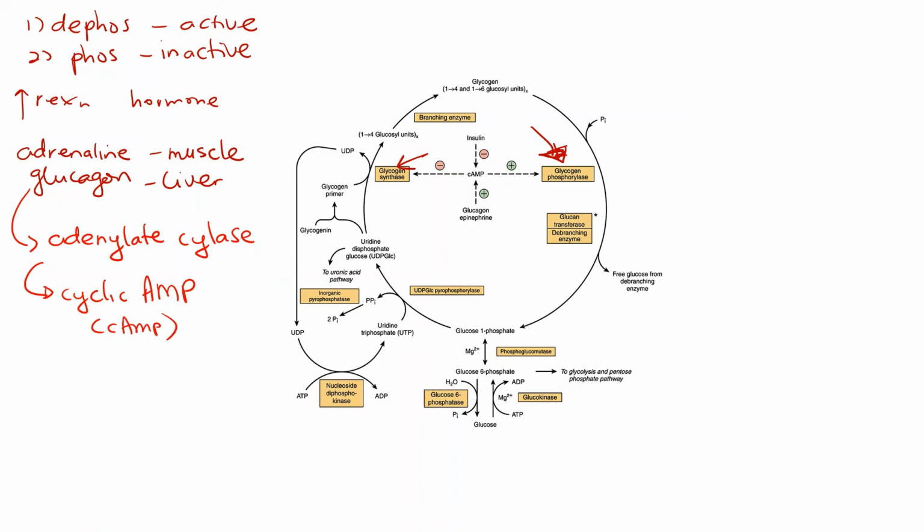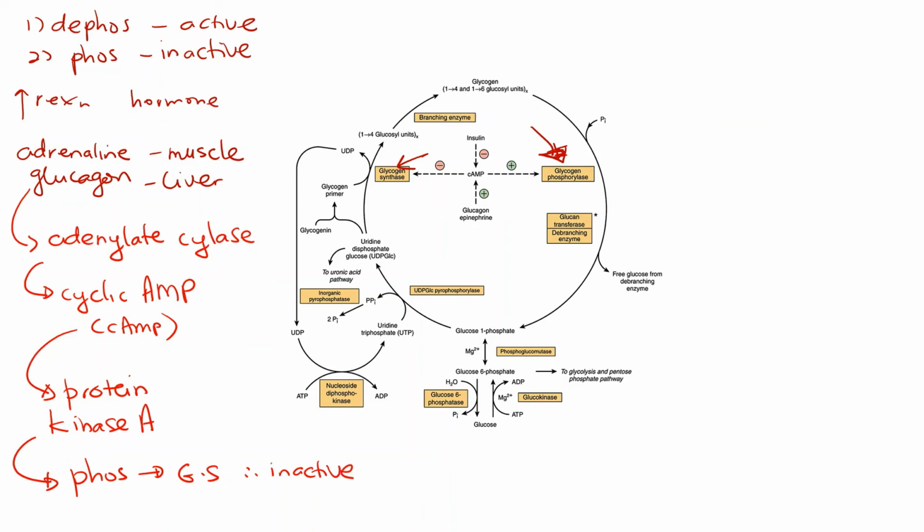Apa berlaku selepas itu? So, cyclic AMP ni, it will activate the protein kinase A. Remember protein kinase A? So, protein kinase A will phosphorylate a glycogen synthase. Bermakna, glycogen synthase is phosphorylated, so dia akan jadi inactivate.